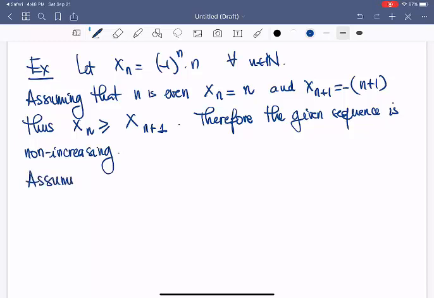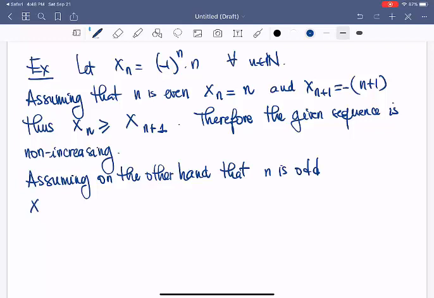Assuming, on the other hand, that n is odd, then xn will be in fact just negative n, and xn plus 1 is going to be n plus 1.